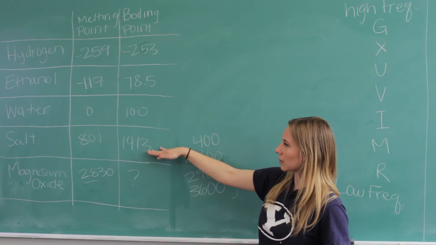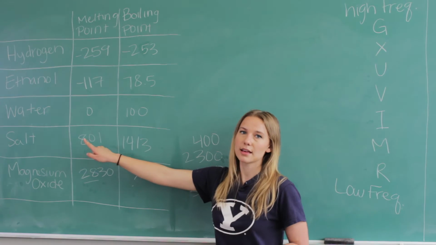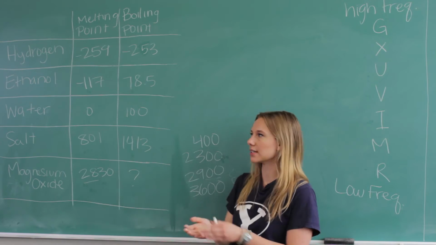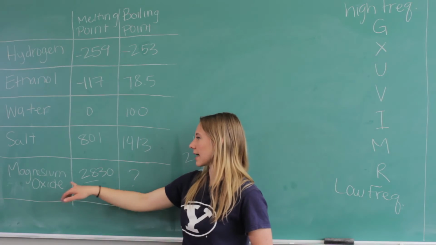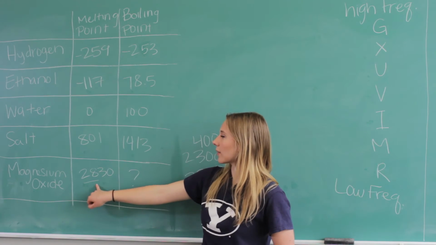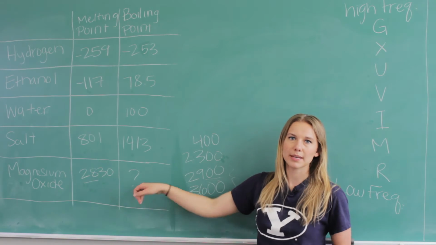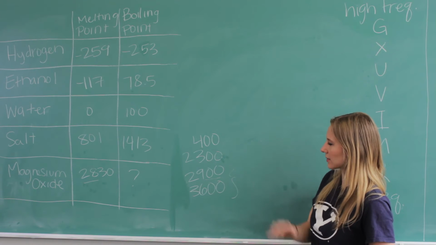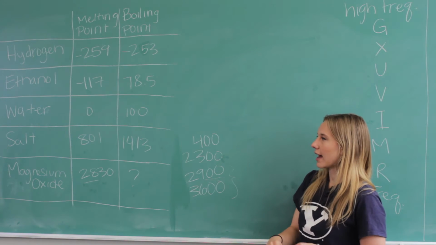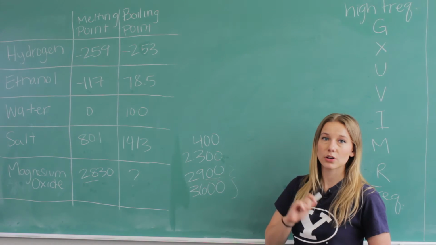And as we go down the table, we can see that as the melting point and boiling point increase, so does the disparity between them. So once we get down to magnesium oxide, here's its melting point, and we can predict its boiling point based on this trend that we've seen. So if we look at these 4 numbers that I've written up here, we know that as melting point increases, so does boiling point.